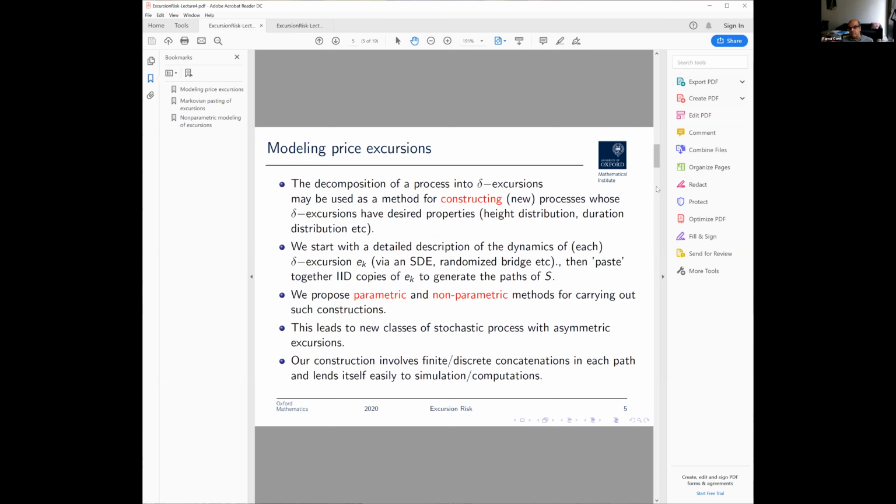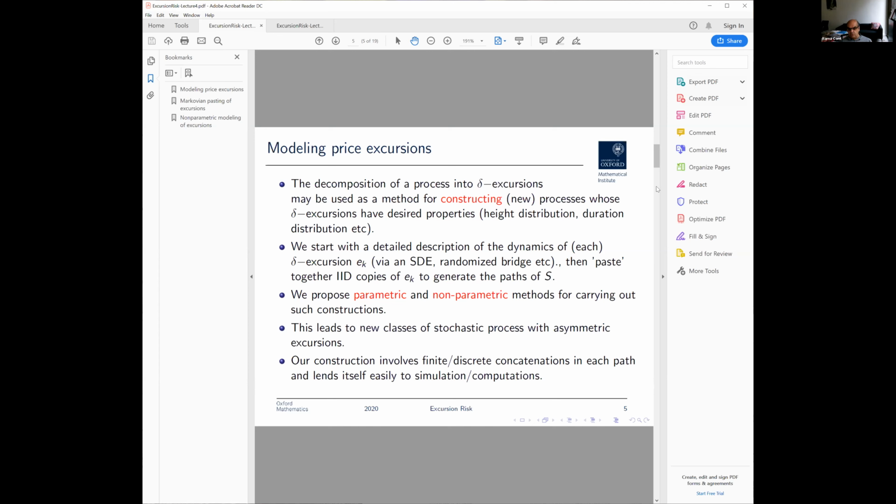We're going to choose a family of curves, which are delta excursions, which go from 0 to delta to 0, which have the right properties in terms of amplitude and duration, and we're going to paste them together to make a process. And if we do it in the right way, then we'll get a well-defined process which will have the right properties for excursions.